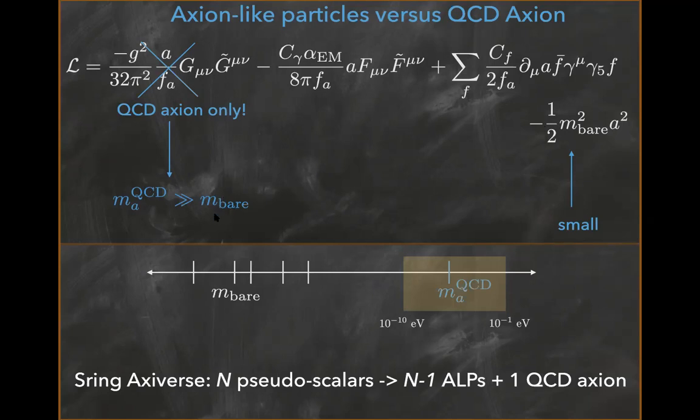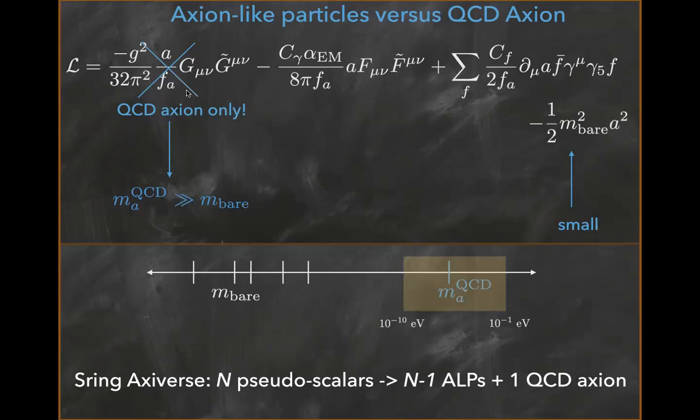So an axion-like particle, at least for the purpose of this talk, is going to be exactly like the QCD axion, but is not going to have this coupling to QCD. So we'll have couplings to electromagnetism, we'll have couplings to fermions, and we'll have these bare masses, but we'll not have this QCD axion coupling.